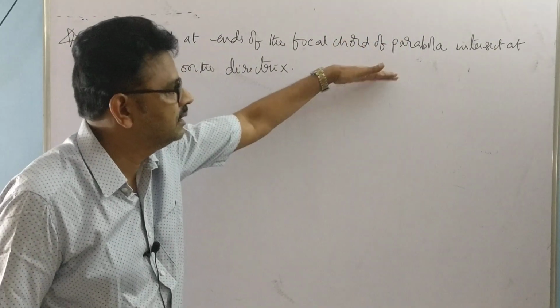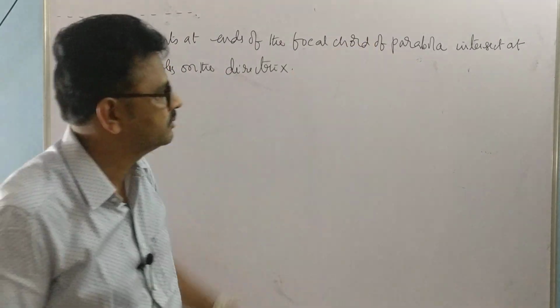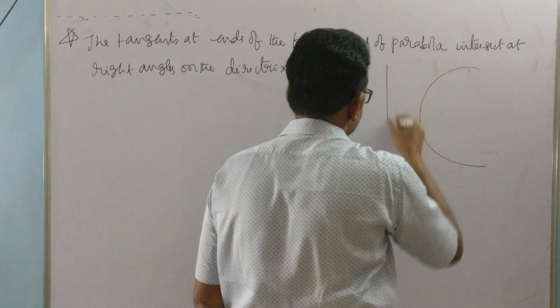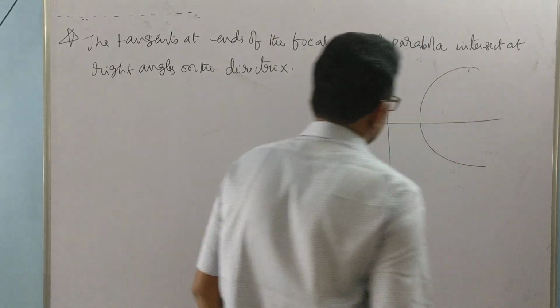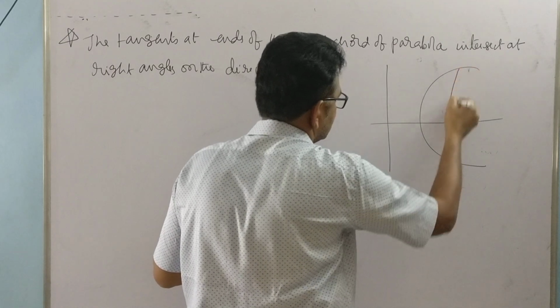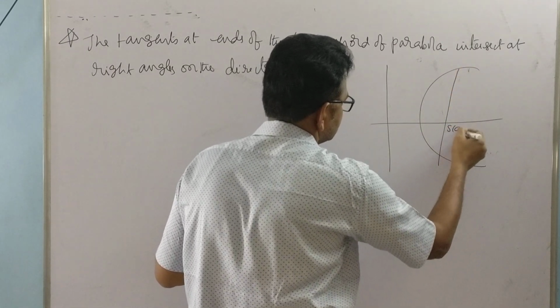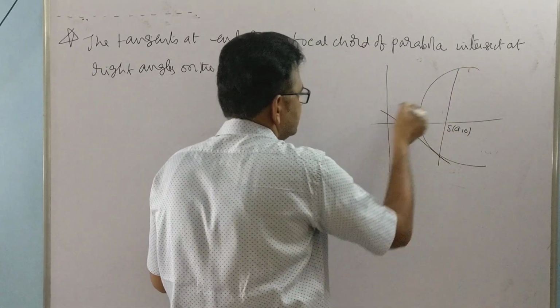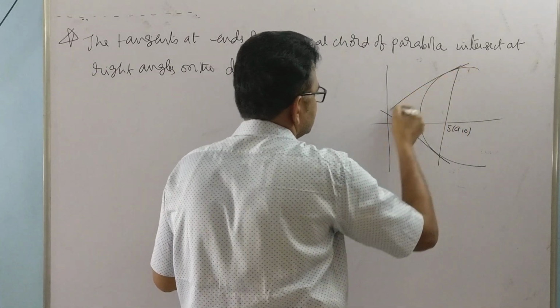So in general, we take the parabola y square is equal to 4ax. Tangents at the ends of the focal chord of the parabola. Suppose this is the focal chord and this is the focus. This is the tangent and also this is a tangent.